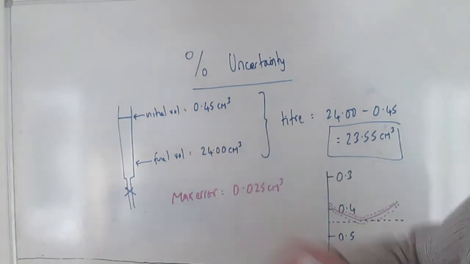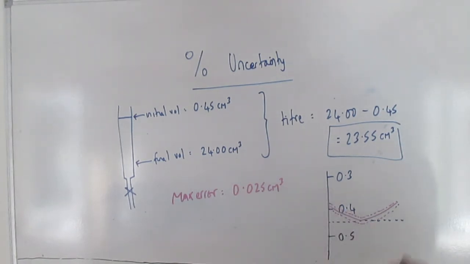However, when we read the burette again to get the final volume, then independently, you're going to have that same maximum error for the same reason. And you can see that that gives you a bigger overall possible maximum error than you would get from just one.